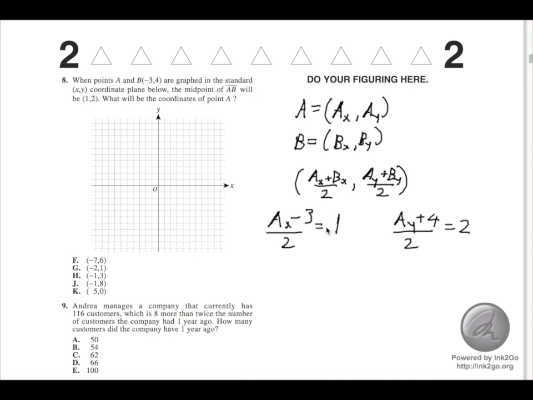And if you solve these, you get A sub x minus 3 equals 2, and A sub y plus 4 is equal to 4. So A sub y is 0, and based off of that, we can choose answer choice K. It's important to note that you don't actually need to solve both of these. Solving just one of these is enough to get to the right answer.